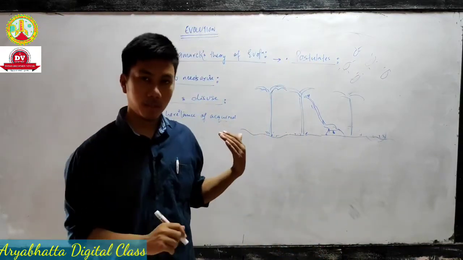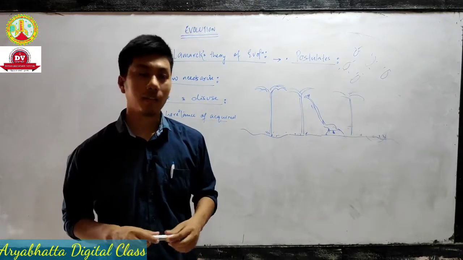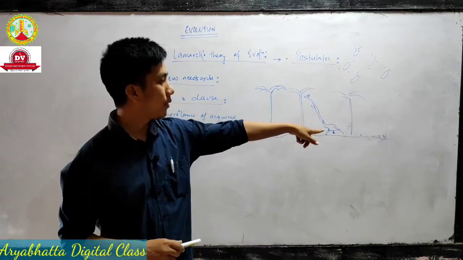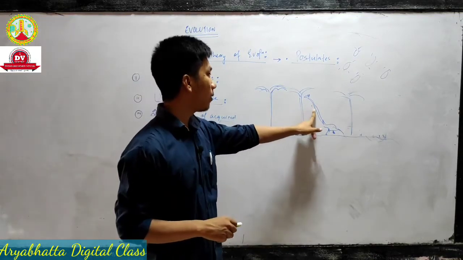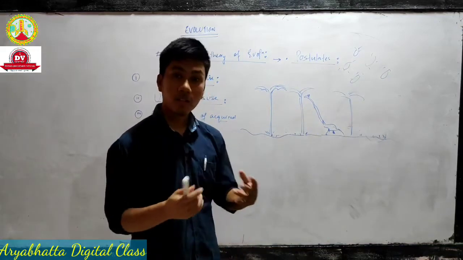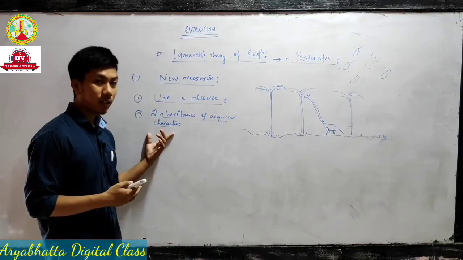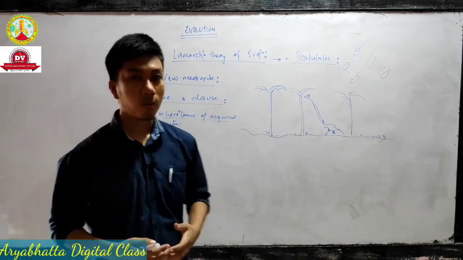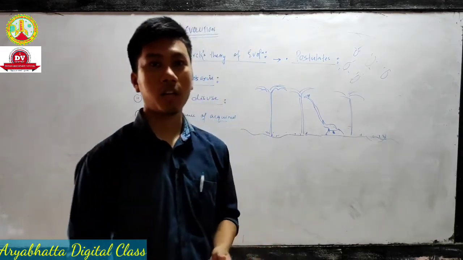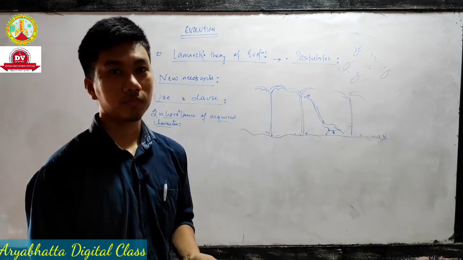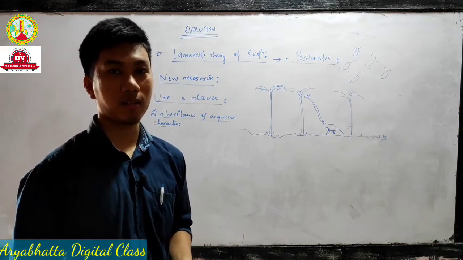You can give the example of the giraffe. So that is a new character, a long neck, that the animal has acquired. That character the animal will inherit from generation to generation. Inherit means pass.